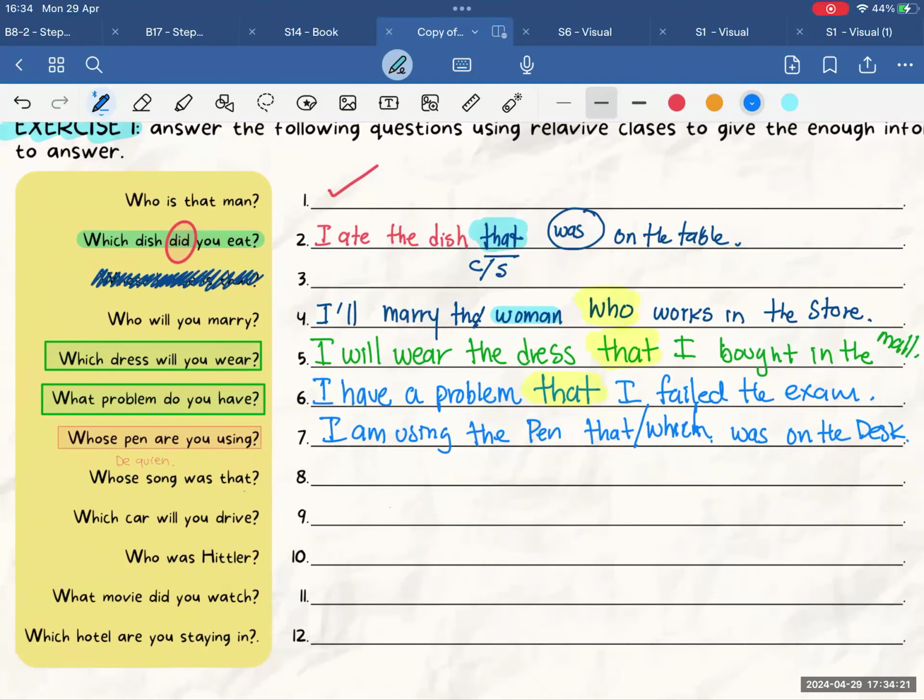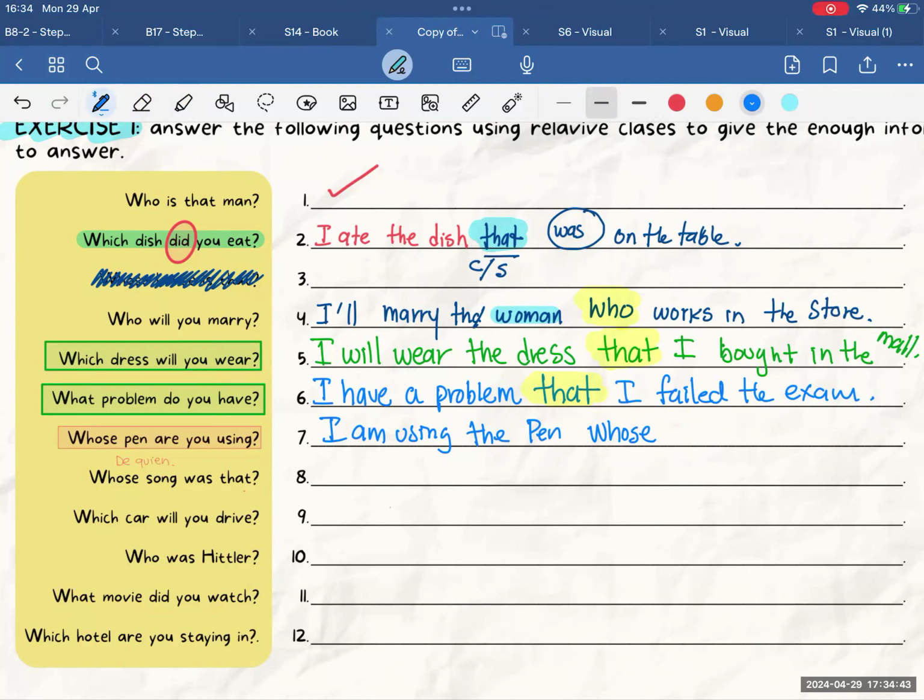No puede ser I'm using the pen whose is for, pues cualquier nombre. Whose, por ejemplo, like this. I'm using the pen whose. Porque no sé cómo traducirlo bien, pero es como cuyo, así.